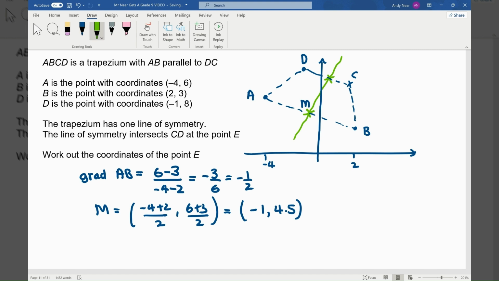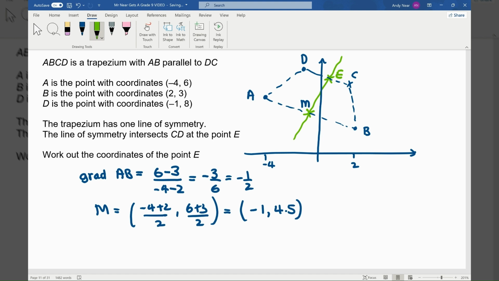The green line is going to be perpendicular to AB. So the green line is going to have a gradient of 2. This point here is the point E, which is what we're going to try and work out in a minute.